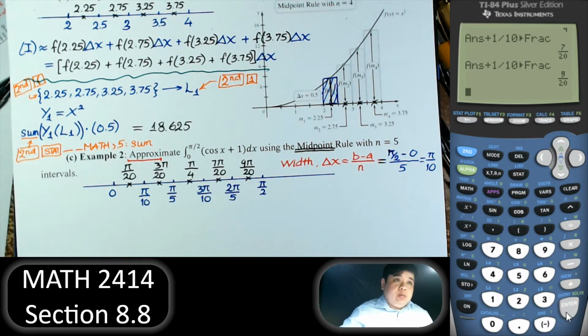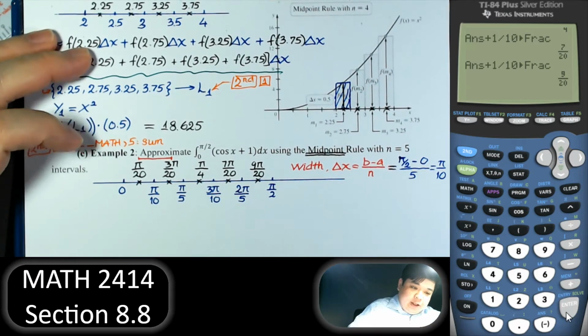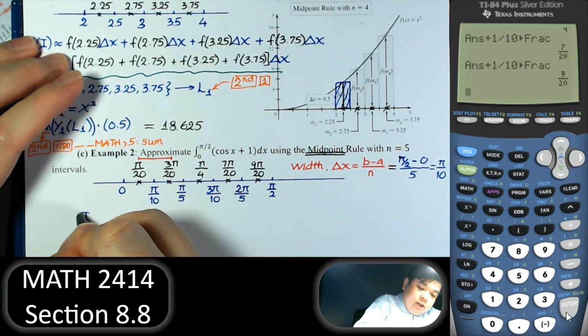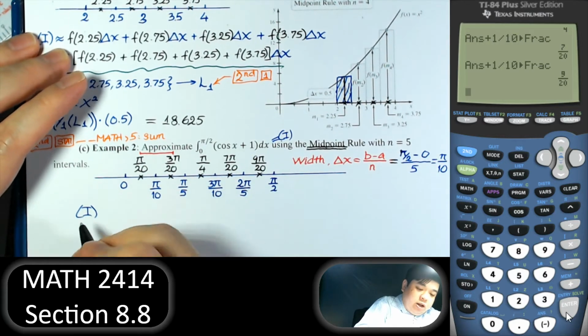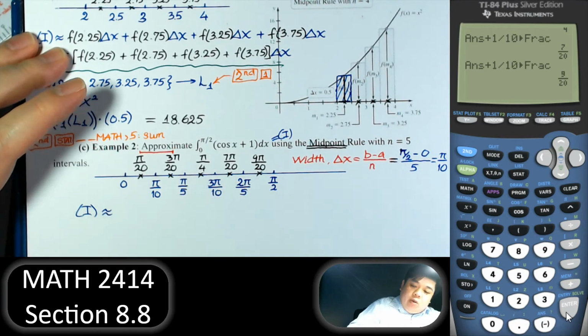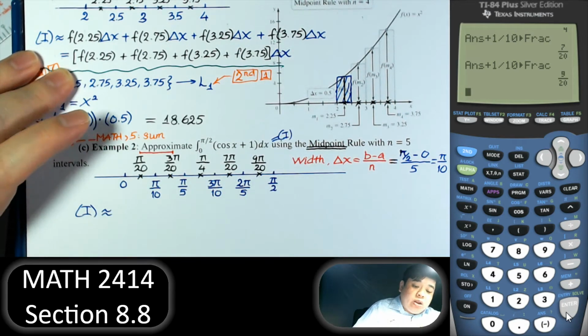Next, we evaluate all those points multiplied by the width. So the integral is approximately equal to the values of all of those. Now we just factor out and then multiply by the width at the end.